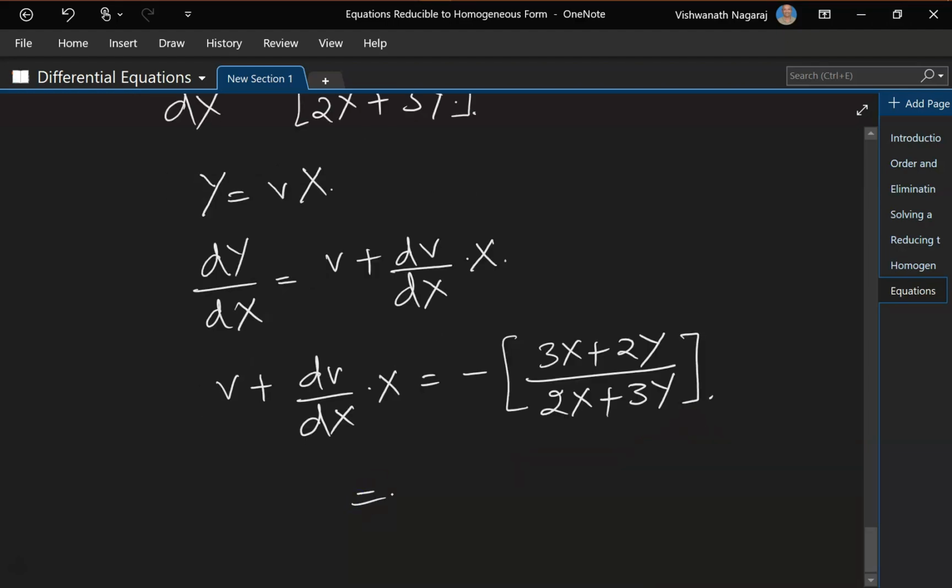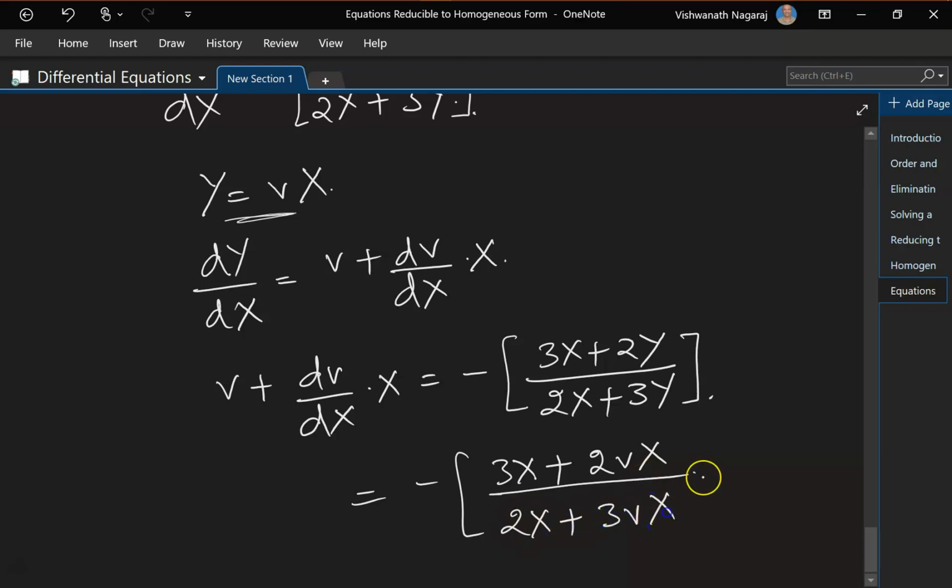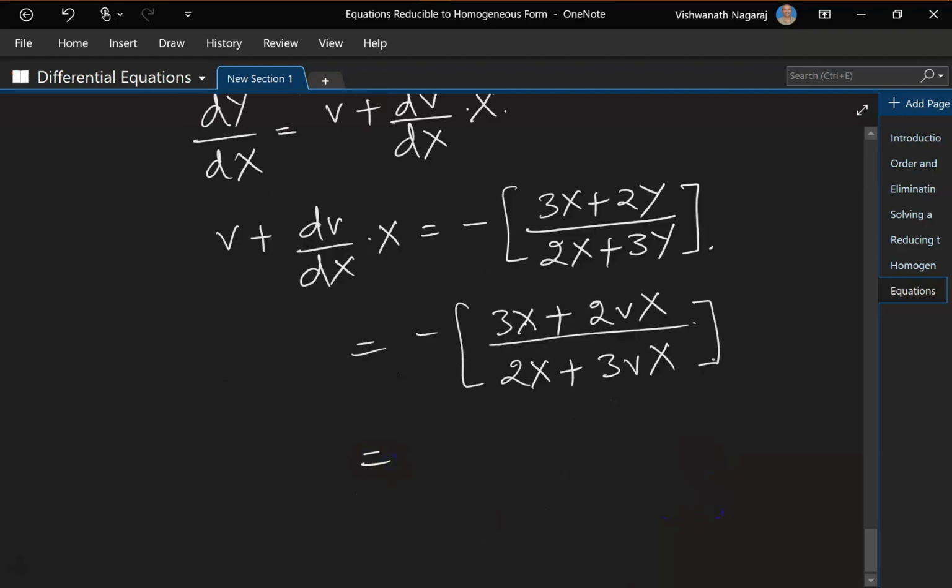Now let's substitute y. So minus 3x plus 2vx by 2x plus 3vx. So here all the terms have x in both numerator and denominator, so it disappears. We can cancel them out. So 3 plus 2v by 2 plus 3v.